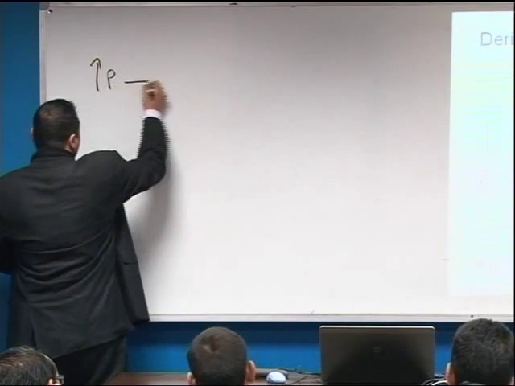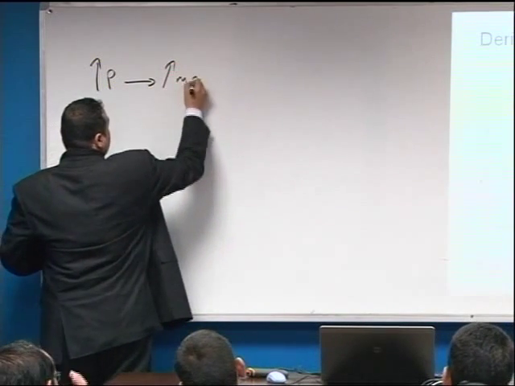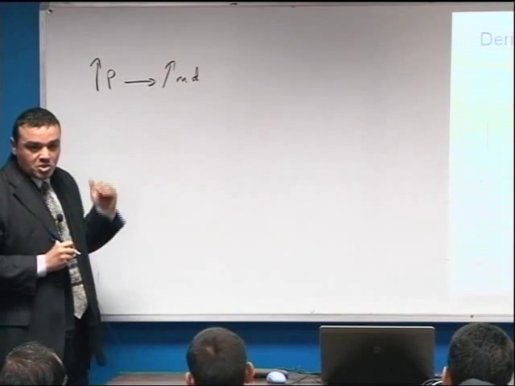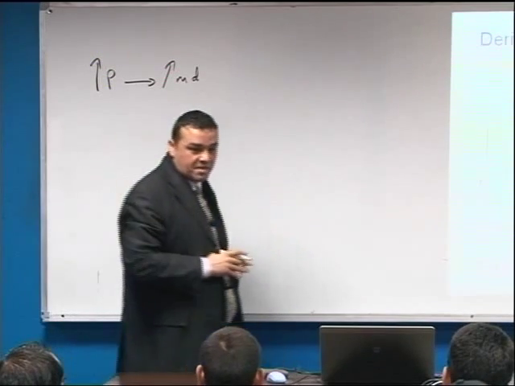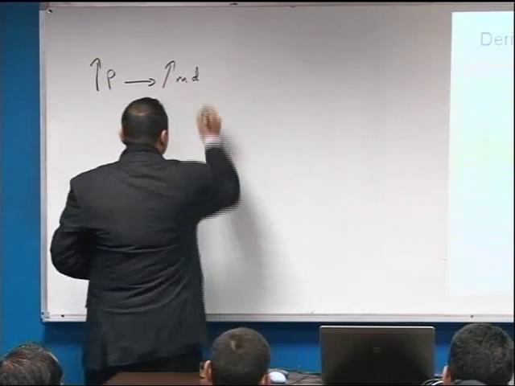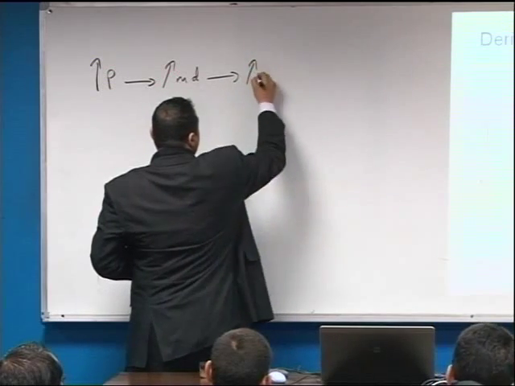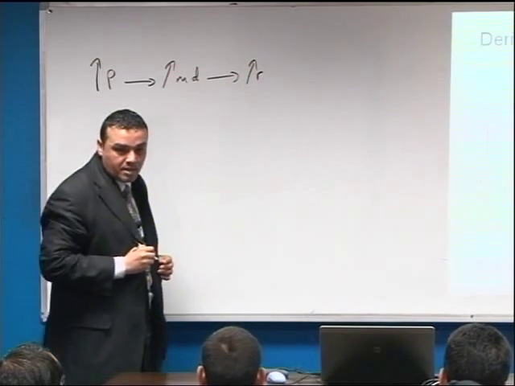In the last chapter, chapter 8, if you remember, increasing the prices leads to increasing the money demand, which leads to a rightward shift in the money demand curve, which leads to an increase in the interest rate, right?